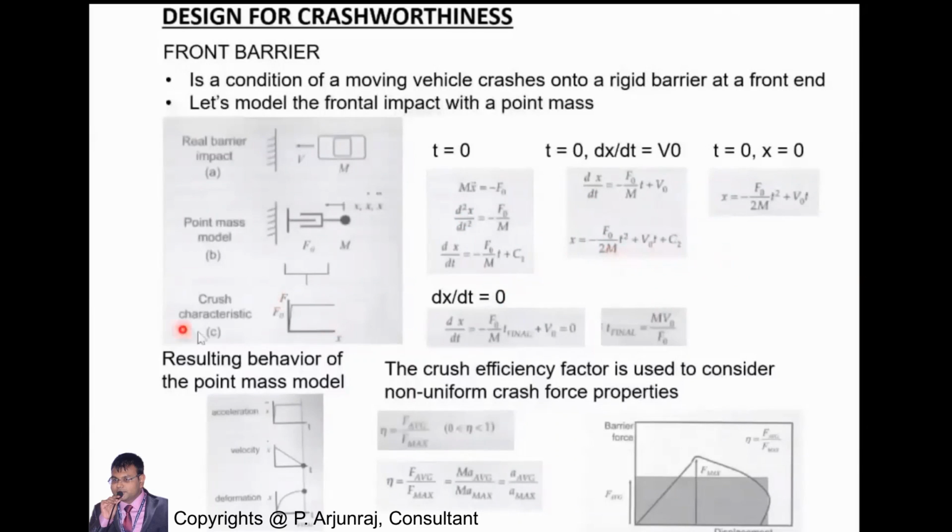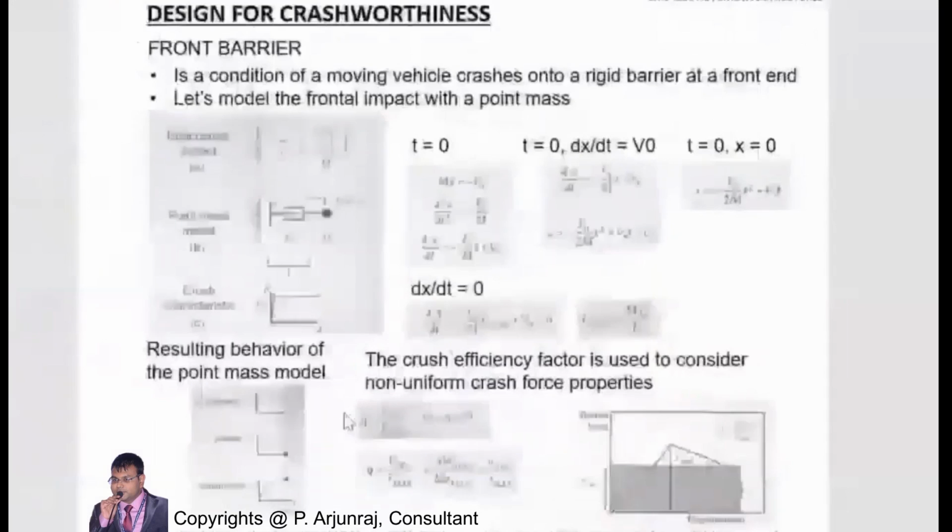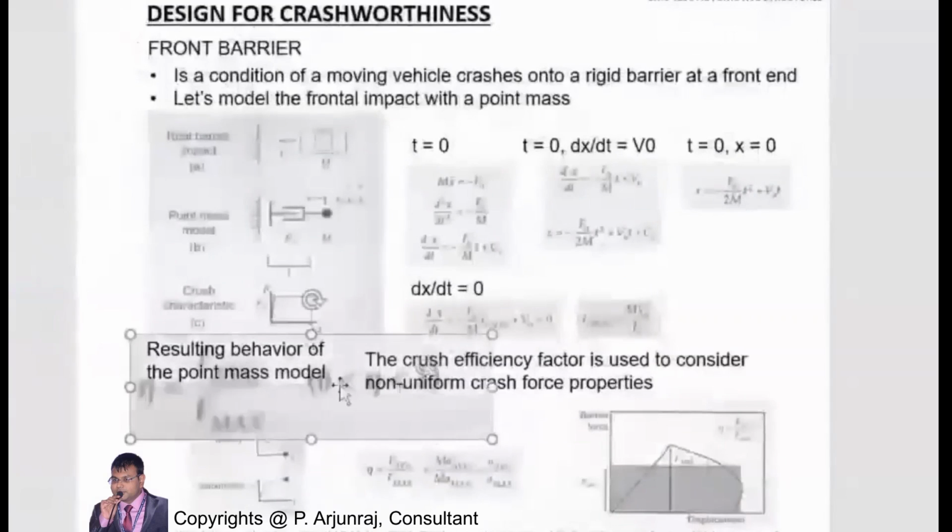So you have one more characteristic called crash characteristics. Okay. So again, when you take the crash characteristics into the picture, you have the velocity into consideration, and then what is the time required, what is the time interval between the start of the incident to the final crash going to occur or going to finish, basically. And you have the efficiency called the crash efficiency factor. So this is used to consider non-uniform crash force characteristics, and you have the formula here.